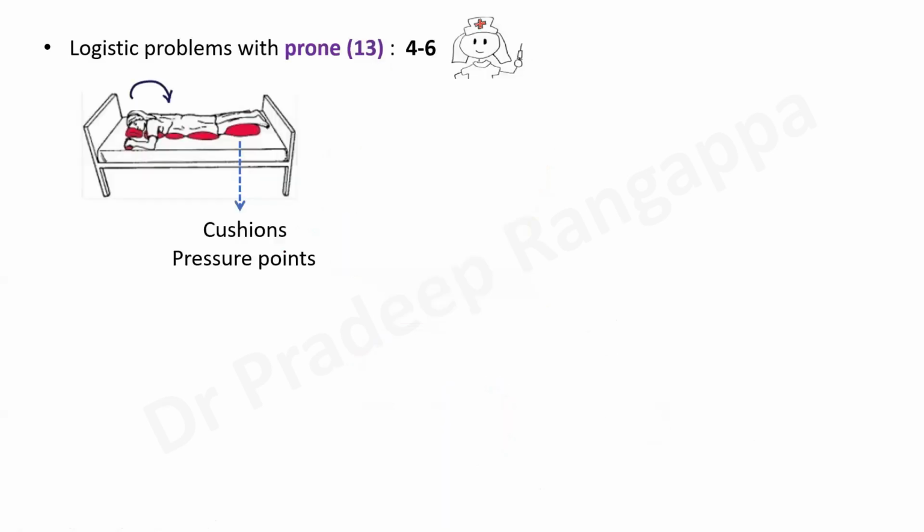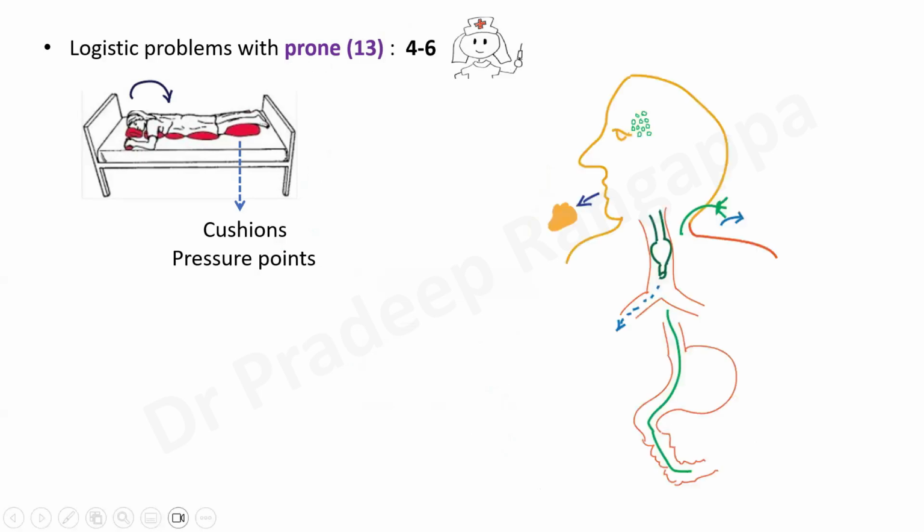And there needs to be a lot of logistic help with regard to proning. Obviously you need to have cushions at the pressure points, and frequent change in positions may be needed. And you need to have at least 4 to 5 nursing staff and physiotherapists to do proning.